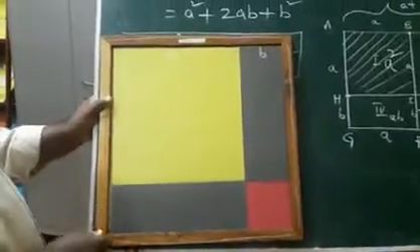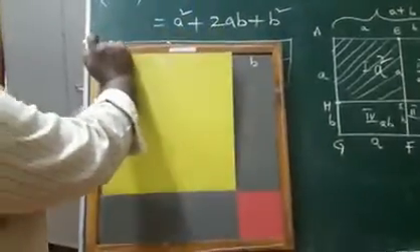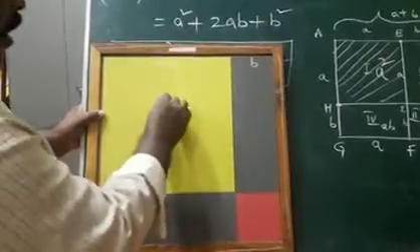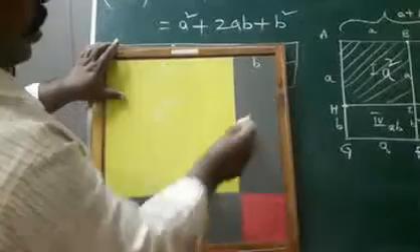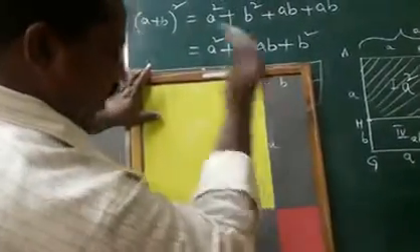Okay children, see, this is the square. What is the area of square? Side into side, that means A square. Now see, it is the rectangle piece. Okay, up to here this is the A. Why?